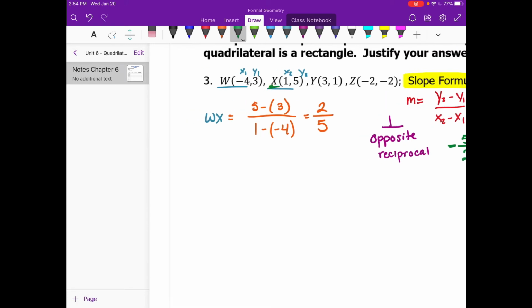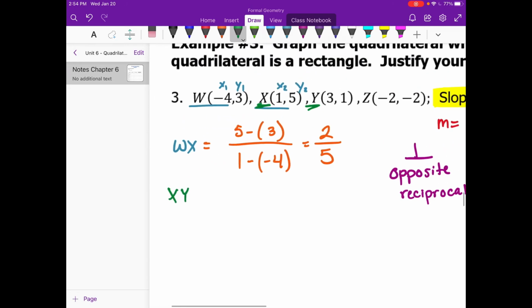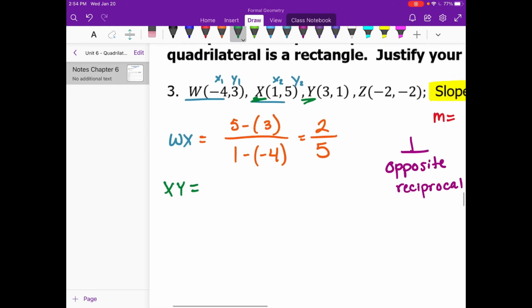I'm going to check between X and Y and find the slope between those two. So we'll call this one X1 and Y1 now, and we'll call this one X2 and Y2. Y2 is 1 minus Y1 is 5 over X2, which is 3, minus X1, which is 1. 1 minus 5 is -4 over 3 minus 1, which is 2.